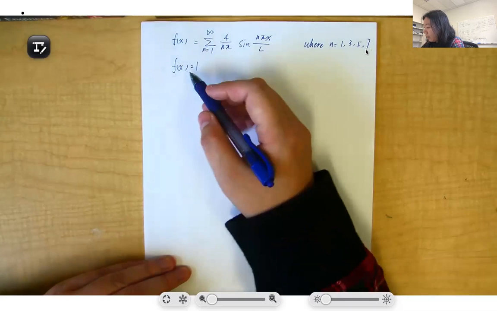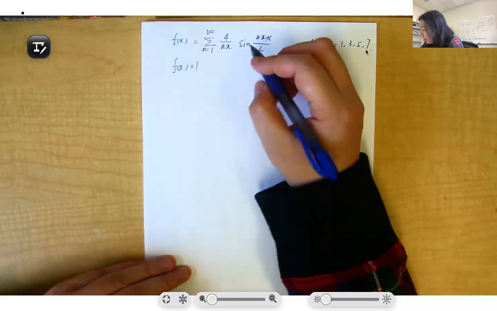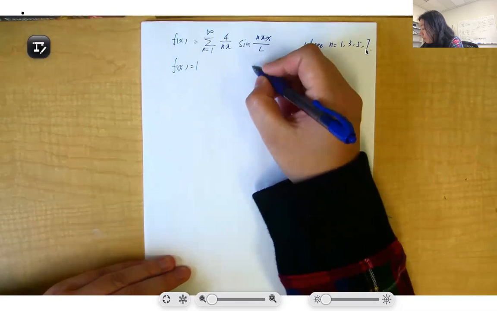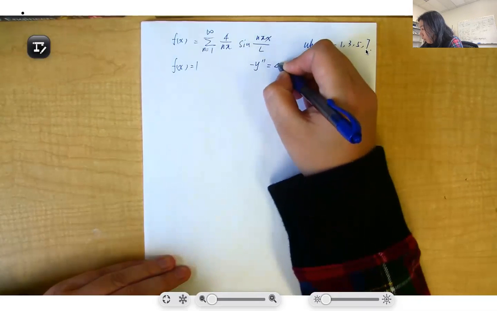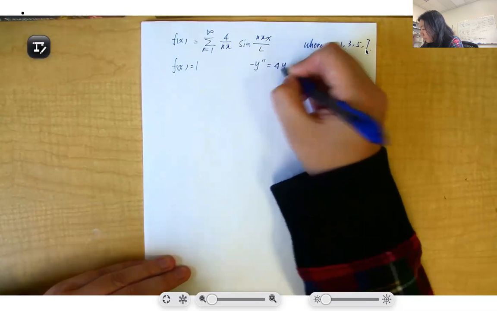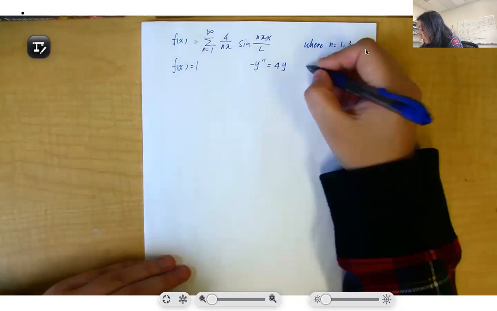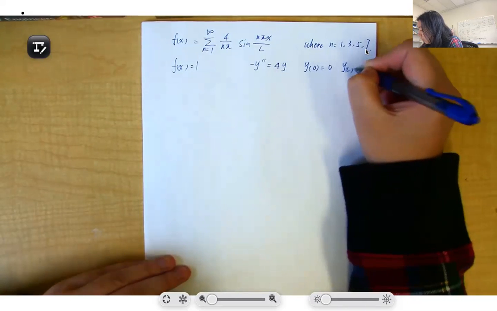The orthogonal basis set comes from the Sturm-Liouville problem, minus y double prime equals lambda y, with boundary conditions y(0) equals 0 and y(L) equals 0.